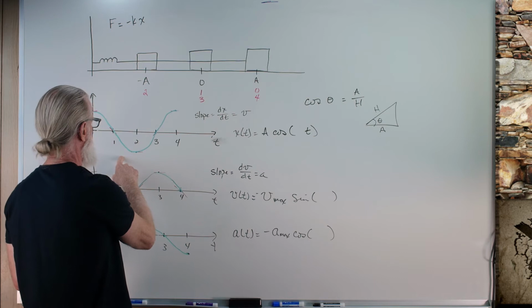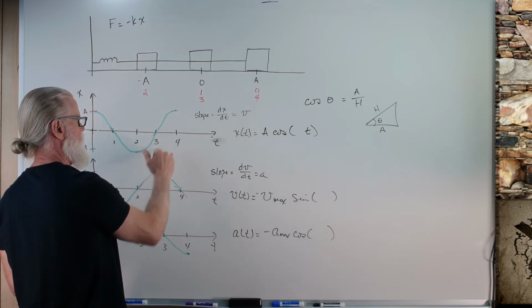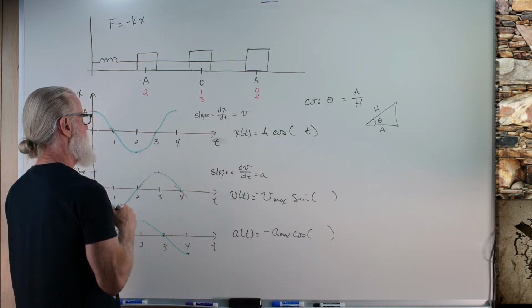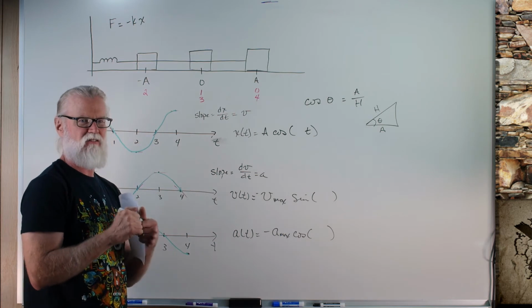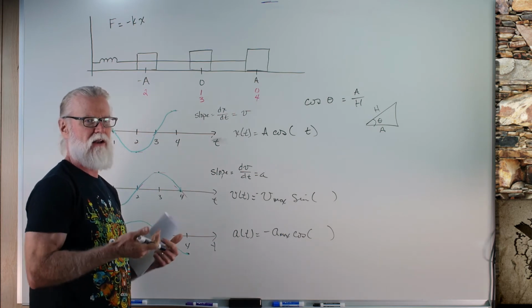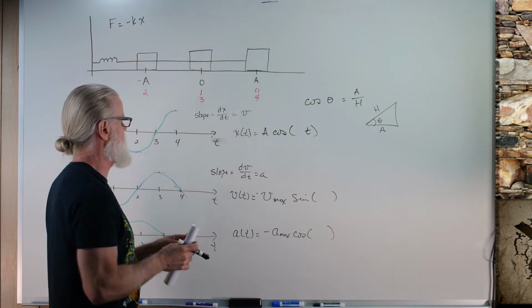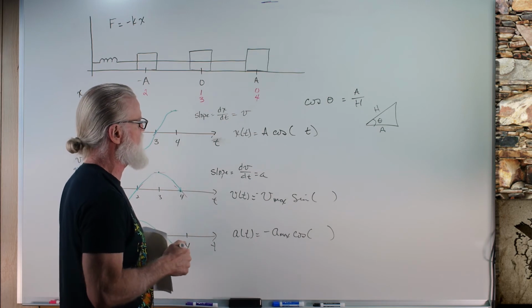How much time is between 0 and T? Well, that's the period. That's the definition of the period. We've got a repetitive motion, and the period is the amount of time it takes for the motion to repeat itself.